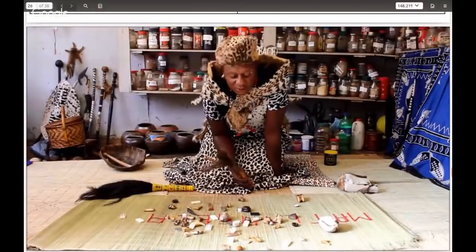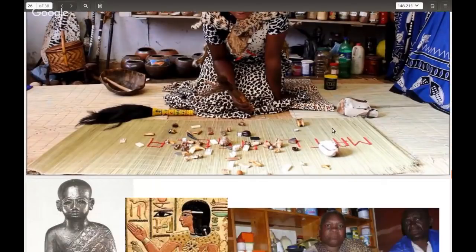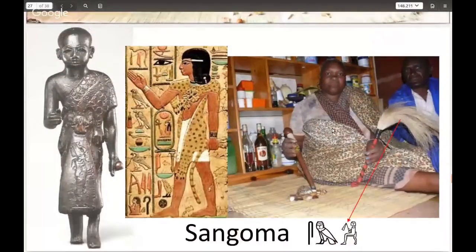And if you know about the Sim priests, they were the ones who would do the sacrifices and divination and spiritual work on behalf of the king and, of course, the various Egyptian communities.